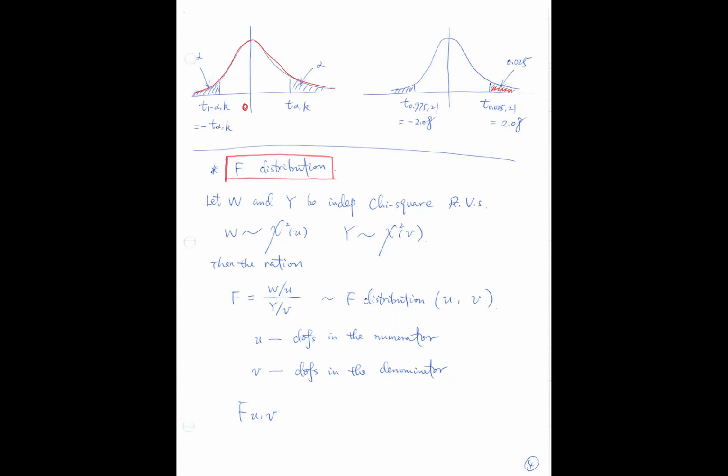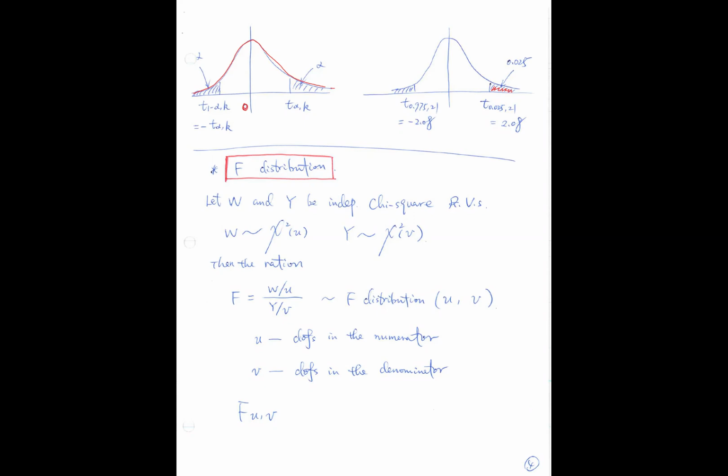You can check the table or use any other approach to do that. If you know T.025, 21, of course you know T.975, 21, because they are symmetric. Okay, so this is the discussion we have so far.